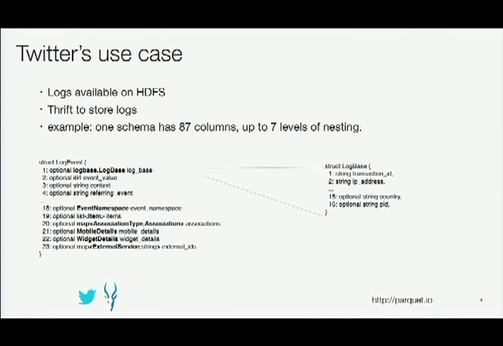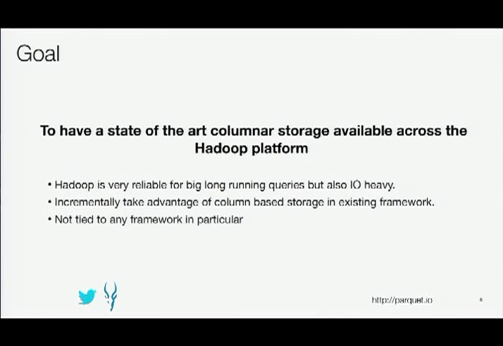For example, you can see you have things like IP address and event type, and if you wanted to do a query where you count how many distinct event types per IP address, you really need to access only those 2 columns out of 87. And that's where a columnar file format is going to be helpful, because that way you need to load only those 2 columns to do the analysis.